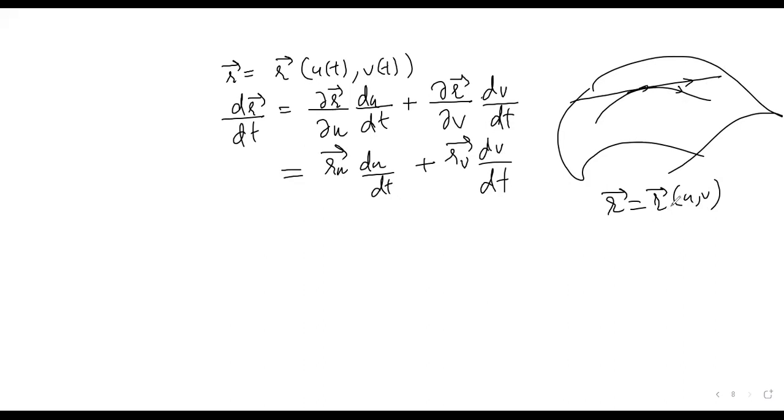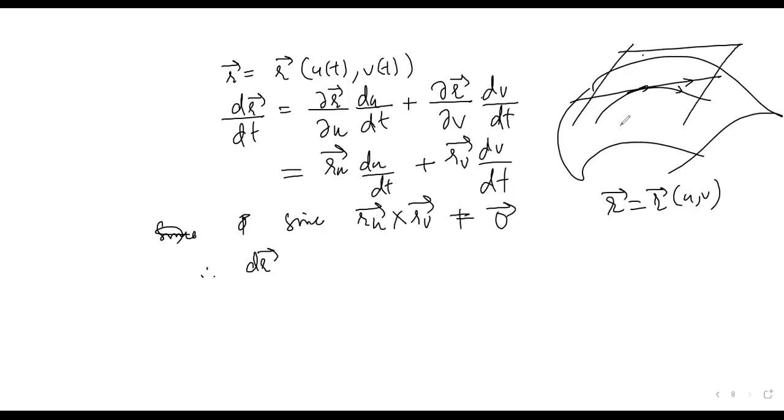Okay, now since ru and rv are independent, for a regular point, or we will keep assuming this, ru cross rv is not equal to the zero vector. So these are independent vectors, so they generate a plane, which would be generated by my r sub u, r sub v.